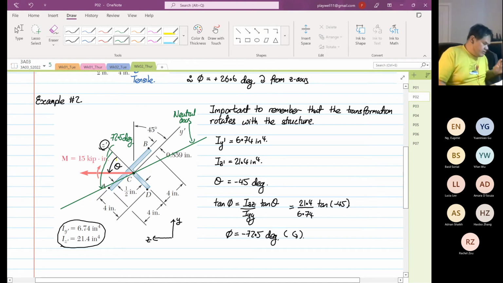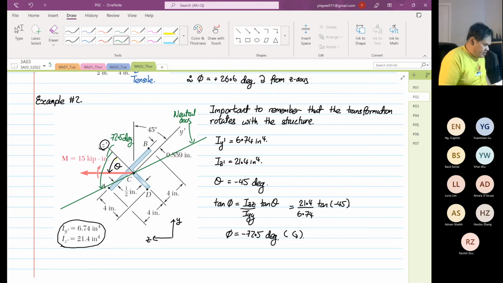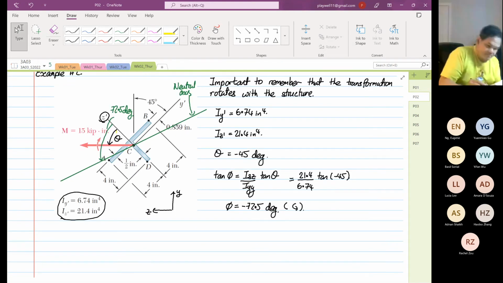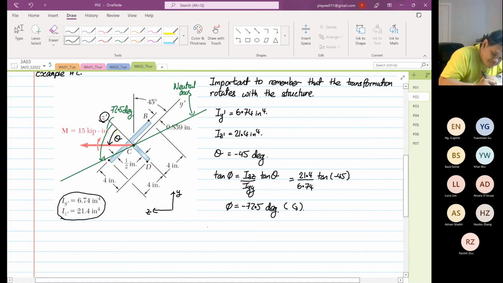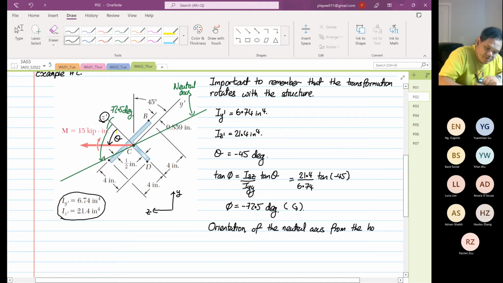Now, usually this sort of question were asked, or if you look at the homework, they were asked, what is the orientation of the neutral axis from the horizontal axis.